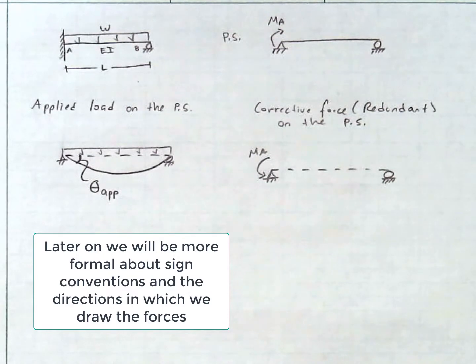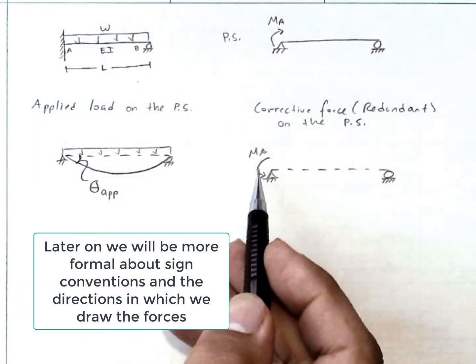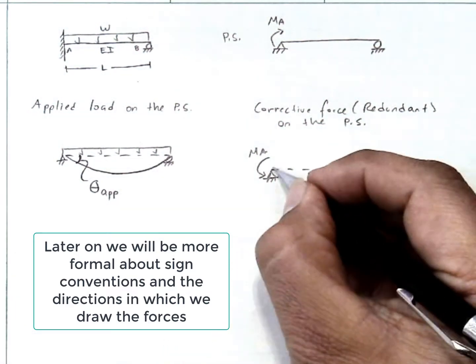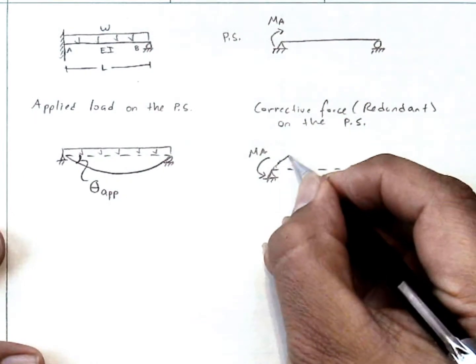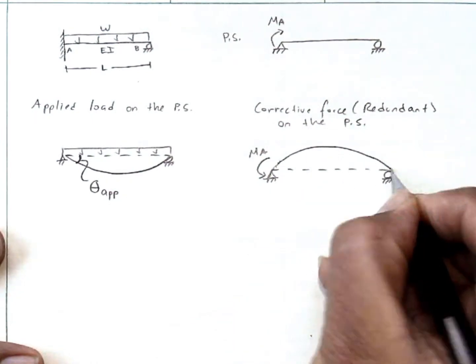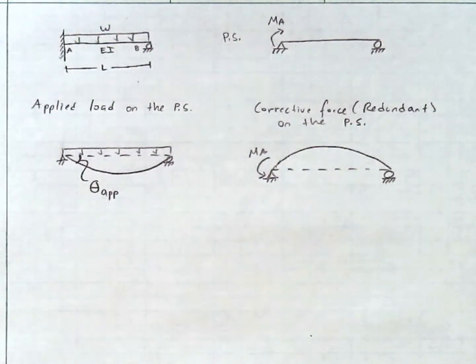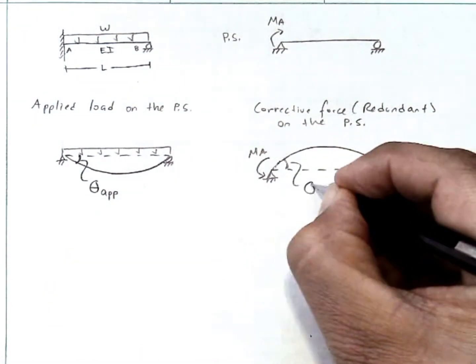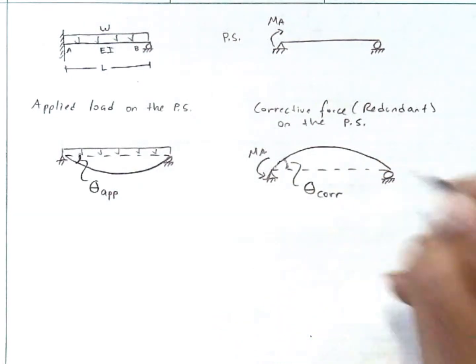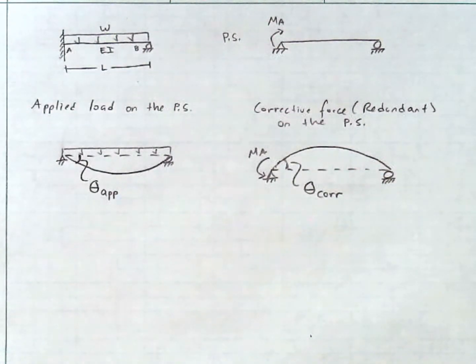If I apply a moment in this counterclockwise direction, I will rotate the beam to that orientation, and the rest of the deformed shape will look roughly like this. I'll impose here an angle which I'll call theta CORR, or the corrective angle. That's the angle that will be applied to correct this error that we introduced in the first place.